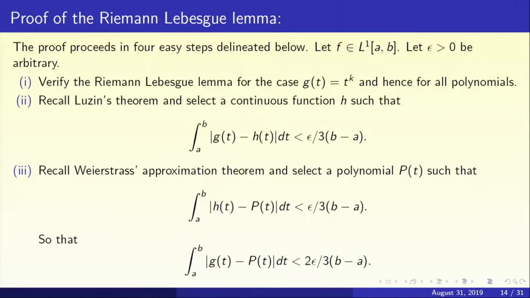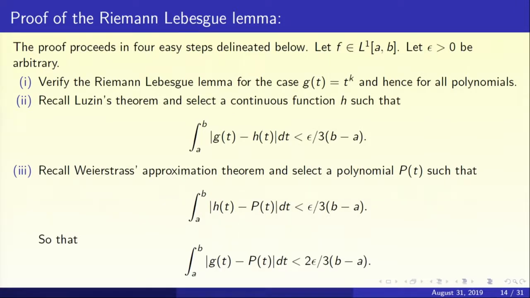This is one of the 3 Littlewood's principles, that a Lebesgue integrable function can be approximated arbitrarily closely by a continuous function. We pick a function h such that h is continuous and integral from a to b of mod g(t) minus h(t) dt is less than epsilon by 3 times b minus a.